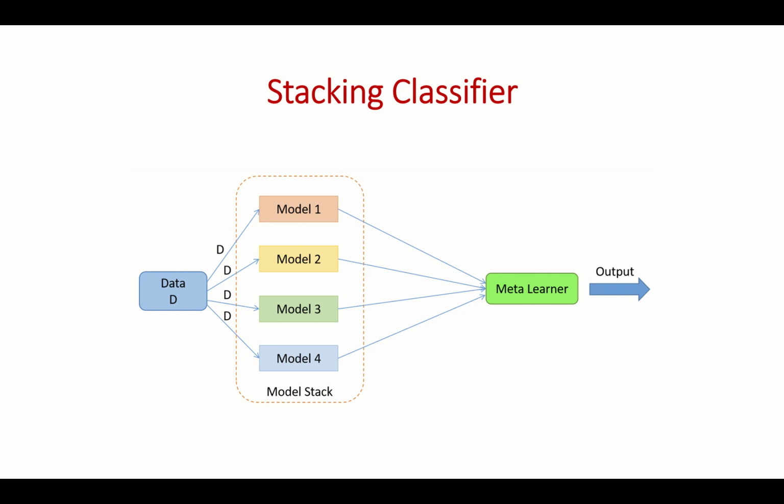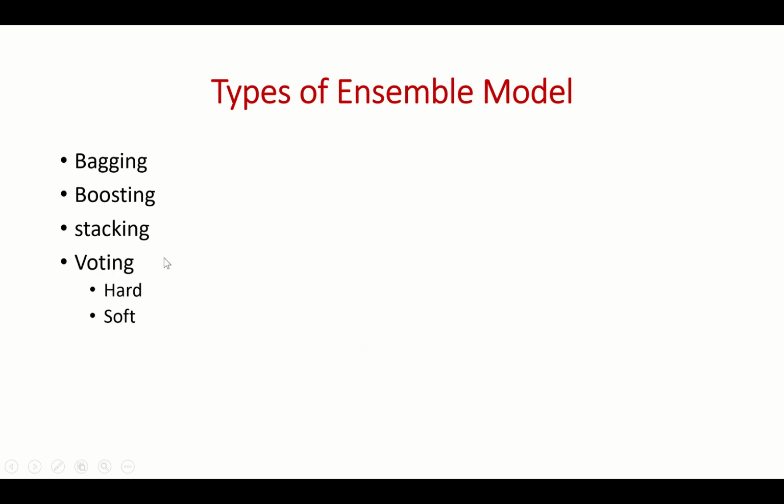You have one more model, which is called the voting classifier. Here you have multiple classifiers and every classifier gives its own predictions, and based on how you combine the predictions, voting is divided into hard voting and soft voting. So you have two types: hard voting and soft voting.